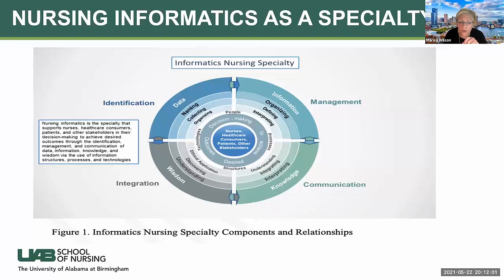So in order to be able to identify concepts of interest to nursing in any healthcare setting, we have to have the correct data. In order to have the correct data, we have to be able to name it, which means for those things that need standardized terms, we're using standardized terms. We need to be able to collect it in an efficient and effective way.